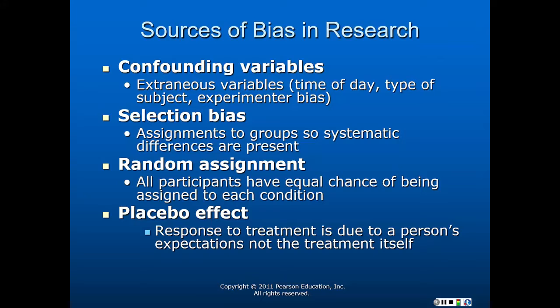While the team is conducting their research, they want to make sure that they keep the confounding variables at a minimum. They're trying to make sure the extraneous variables such as time of day, type of subject, or experimenter bias are out of the equation or out of the research.